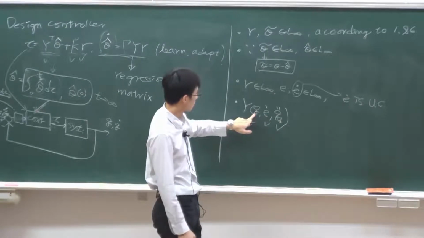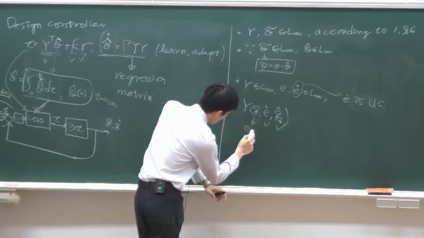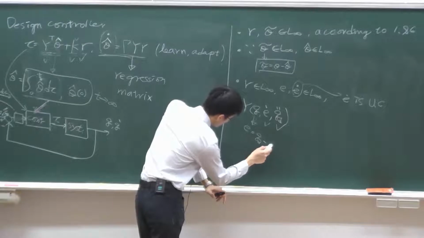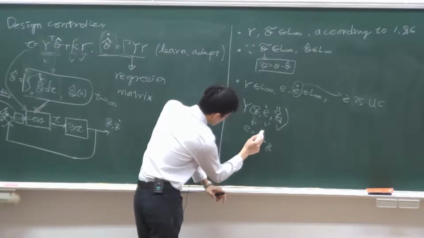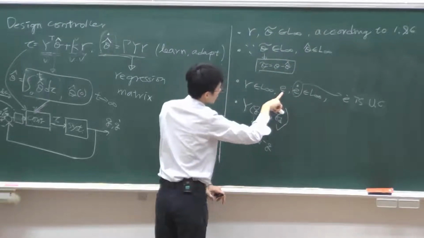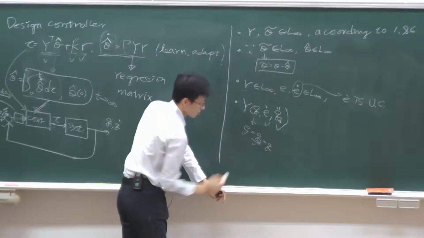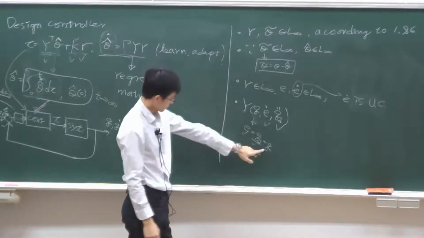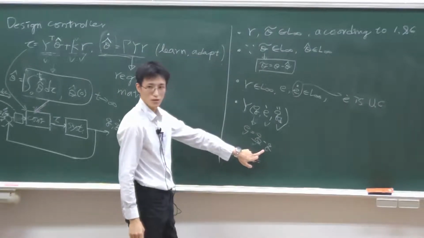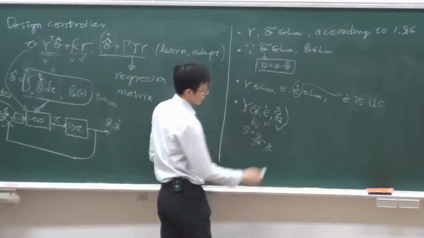And this for sure will be bounded, because from the definition e equals q d minus q, it's bounded and this is the user's choice, designed to be bounded. So Y will be bounded.